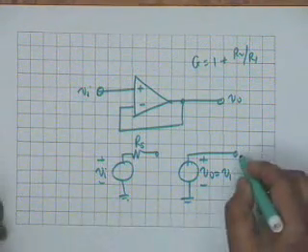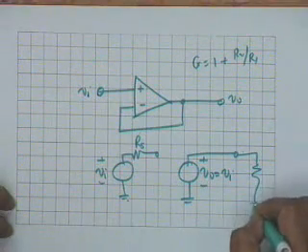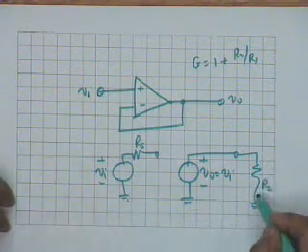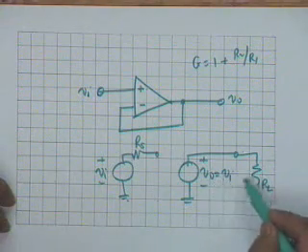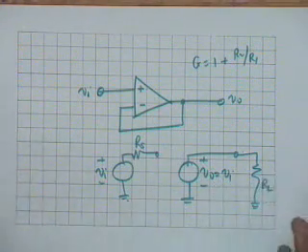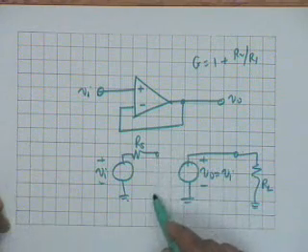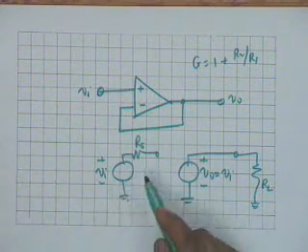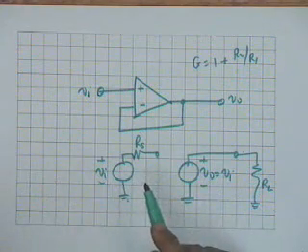Alright. Now you see that if I connect a load here RL, then the current in the load would be Vi divided by RL. On the other hand, if I had connected it directly here, the current would have been Vi divided by Rs plus RL.